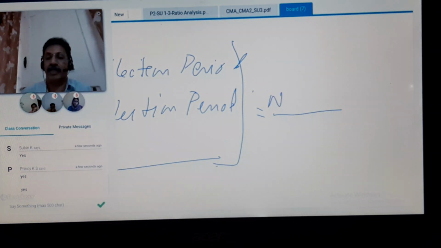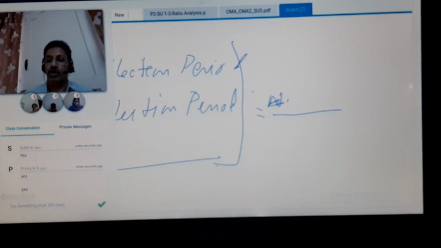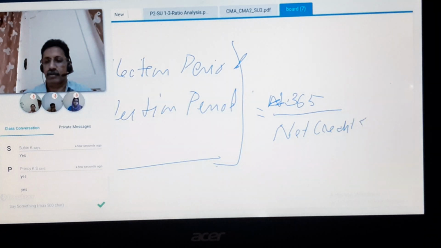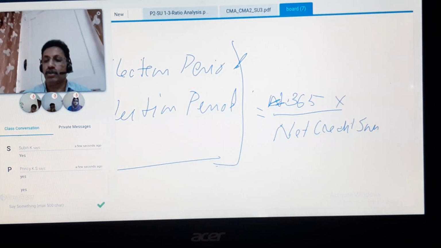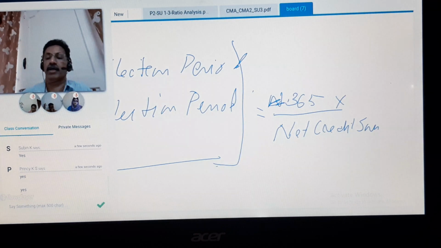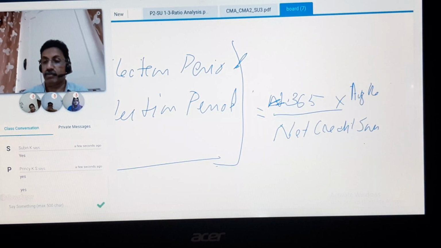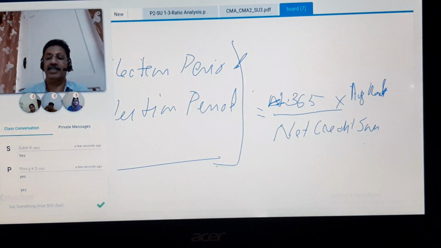For your net credit sales, you are having 365 days. So how many days of sales are there in the receivable? So on an average, you want average receivable. So that is the formula for that.